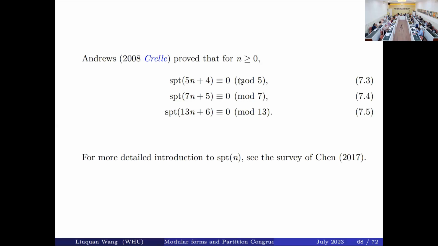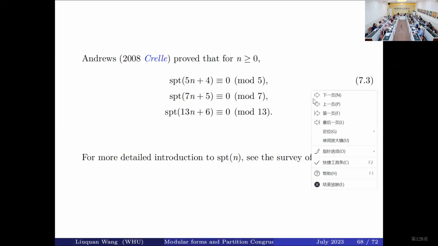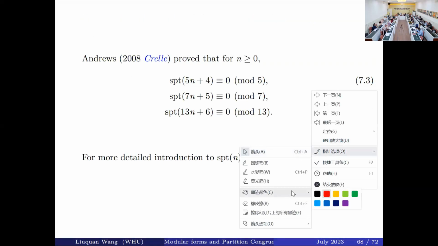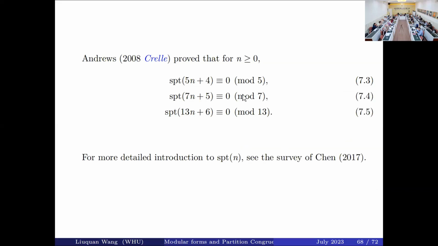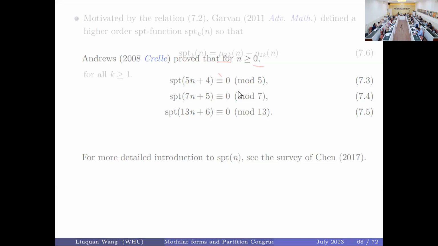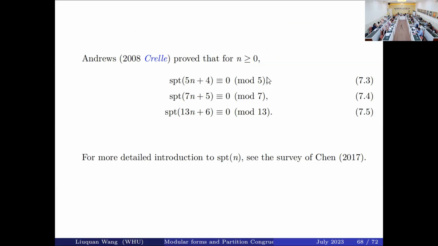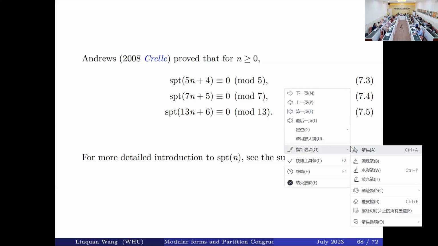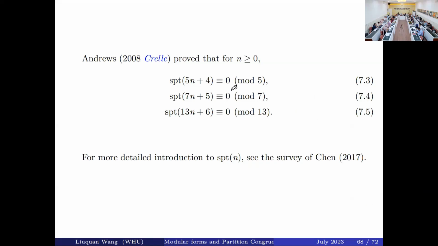So you are asking for a combinatorial explanation for this congruence? Yeah. Actually, I am not very familiar with the combinatorial interpretation of this congruence, but I think there are some works there. They can use something like a vector rank or vector crank to explain such kind of congruences. Maybe you need to check the reference. I think there are some explanations there, but I don't know the details. Okay, thank you very much.